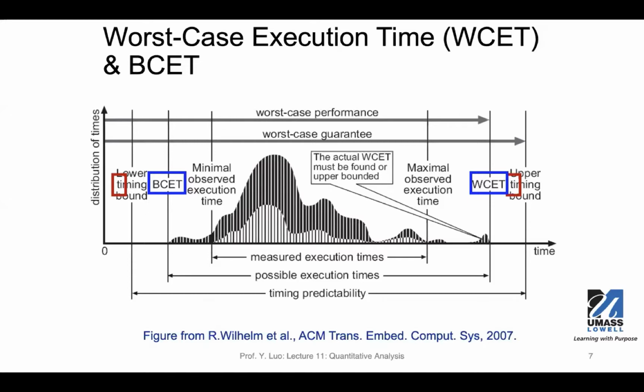So you may not be able to actually find the worst case execution time, because that's going to take a lot of trials, and you won't be able to complete that many runs within a reasonable time.